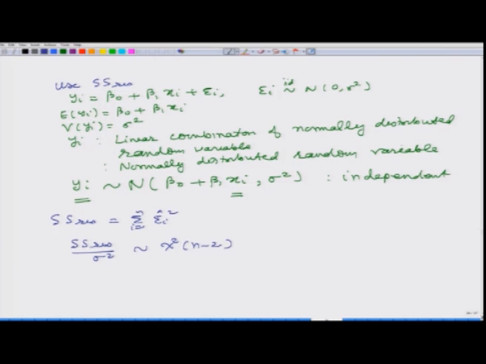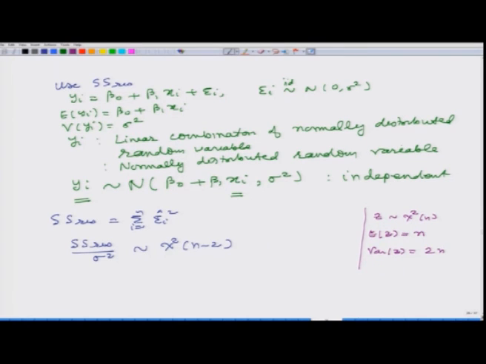Right. Just for the sake of your information and a quick review, we know that if there is some random variable z following a chi square distribution with n degrees of freedom, then its mean, that is the expected value of z, is n, the number of degrees of freedom, and the variance of z is twice n.